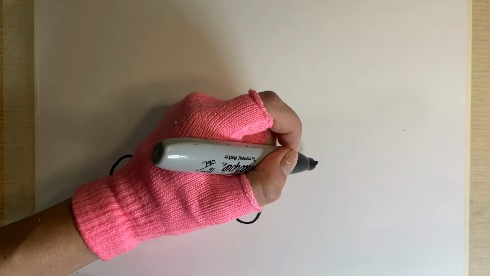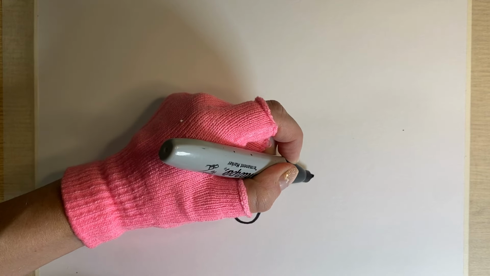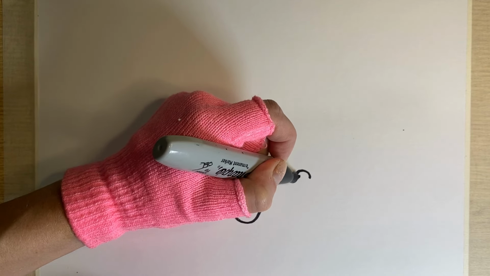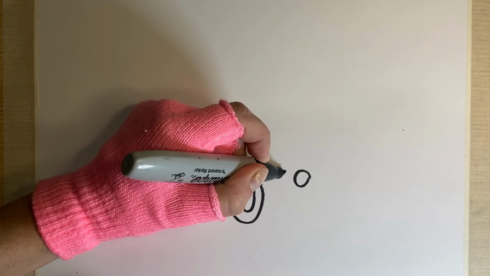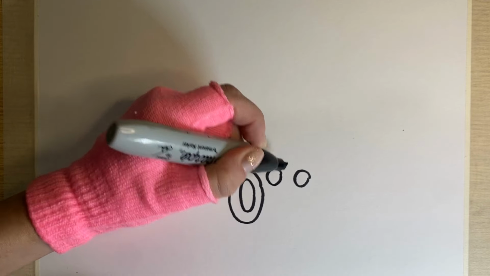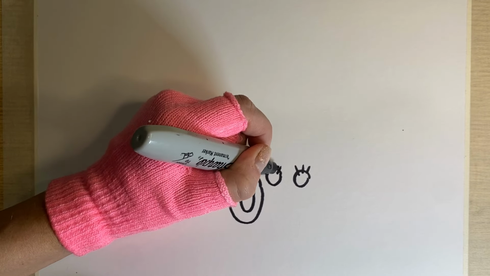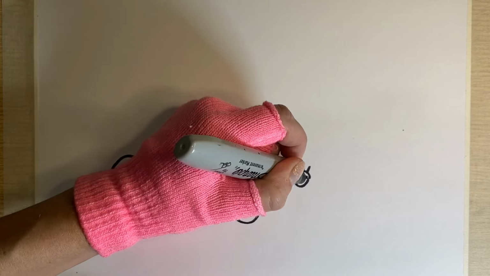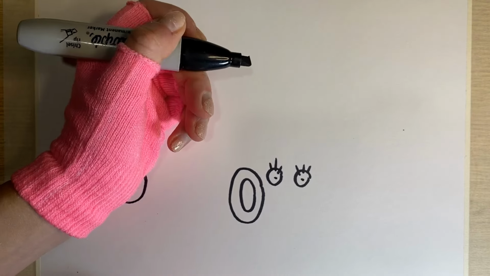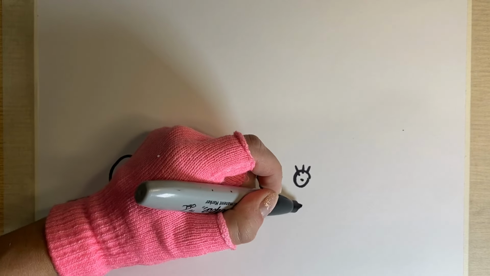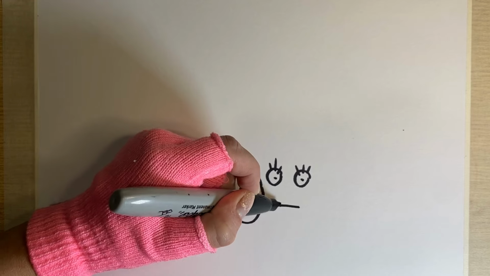All right, let's give the car a face. The eyes are the lights. They're circles for reals. They're lighting up. The license plate's the mouth.